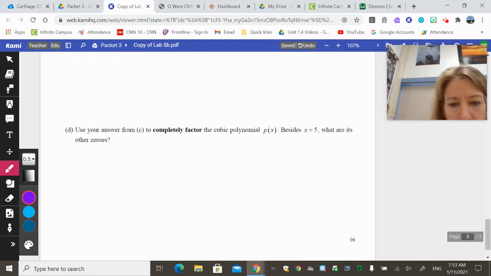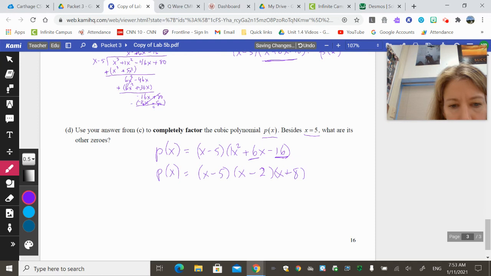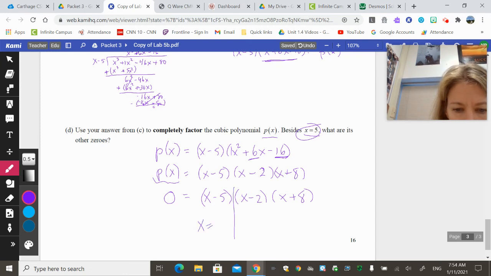So now that I've factored completely, in order to find the zeros, that means my output is 0. This whole P of x would equal 0. I'm going to set each of my factors equal to 0. All right, so we already know that x equals 5. That goes with this factor. So x equals 5 is one of my zeros. And I don't mind if you skip this step, because it's mental math. But x equals 2 is another zero.